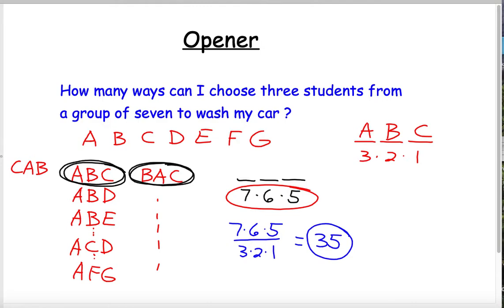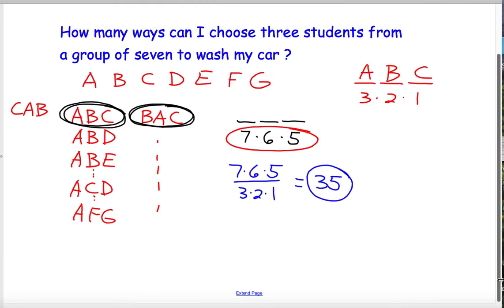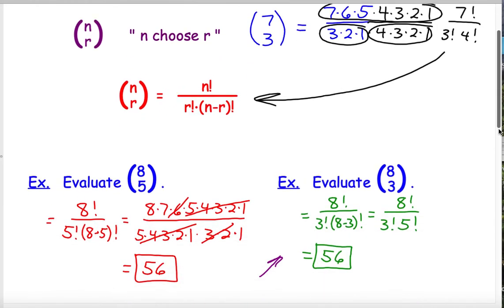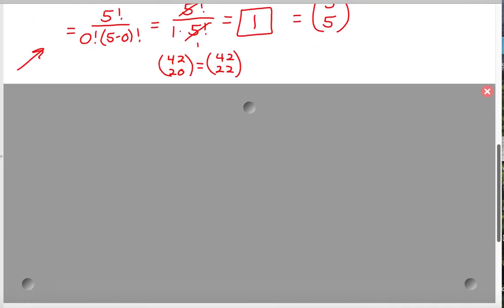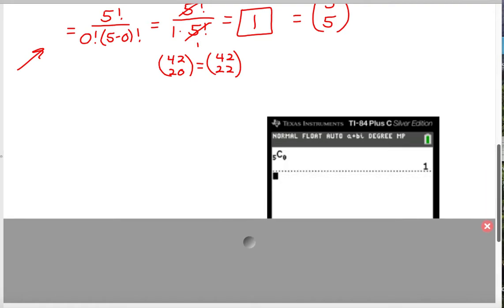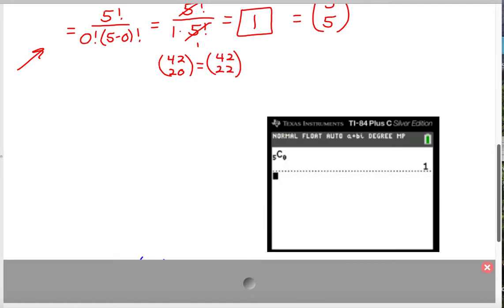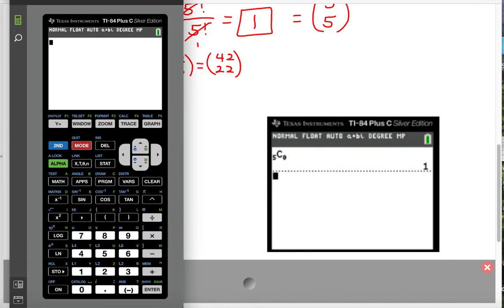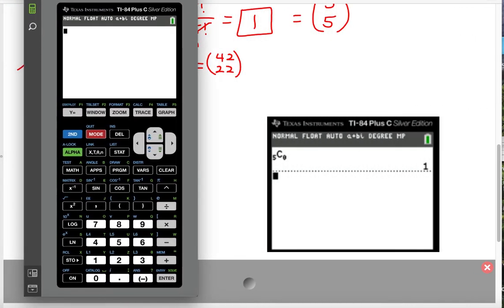All right, so now let's go a little bit more. Let's try and simplify. By the way, on the calculator, there's a way to do that as well. Well, why didn't you tell us that in the first place? Well, you'll see why in a minute. But to do this, it's in the math menu.